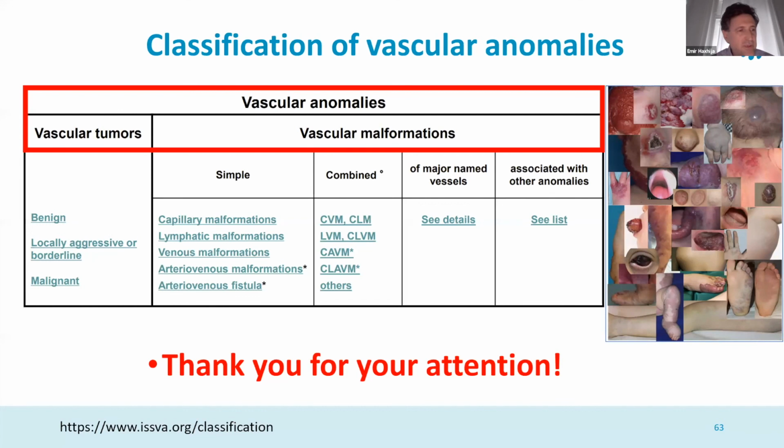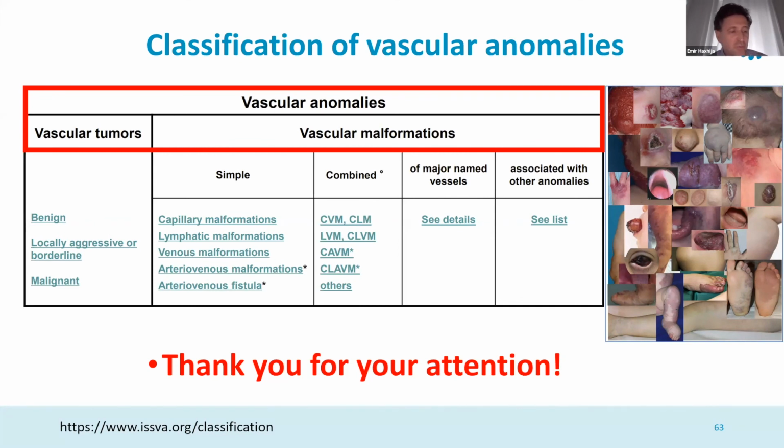I hope that I could fulfill what I intended to today. One was to show you the possibility of mixing up different lesions between different vascular tumors and maybe also between vascular tumors and vascular malformations.